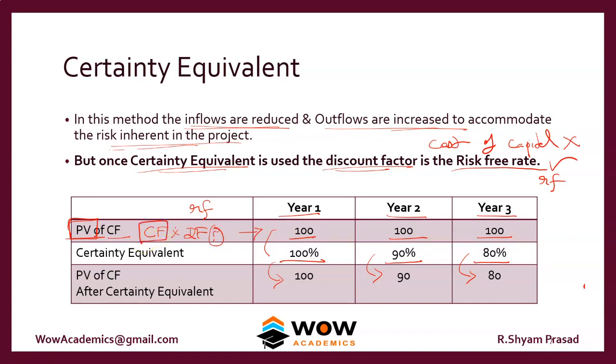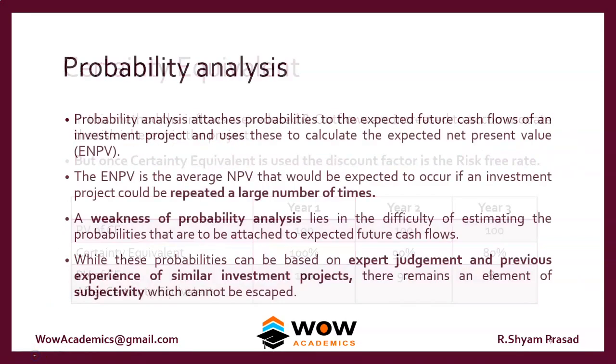So cash flow multiplied by the discount factor, which is the risk-free rate of return. I have got the year 1, 2, 3 cash flow. From there on, what I do is I try to decrease the cash inflows. There's no cash outflow here, so I decrease the cash inflows. So that's about certainty equivalence.